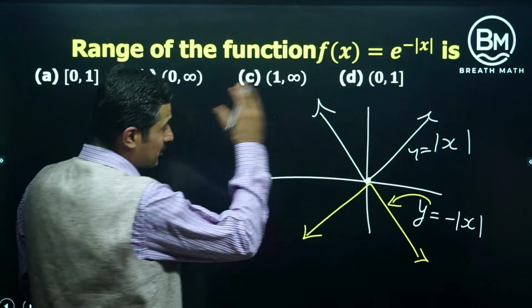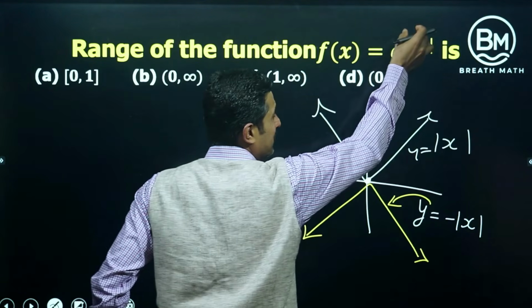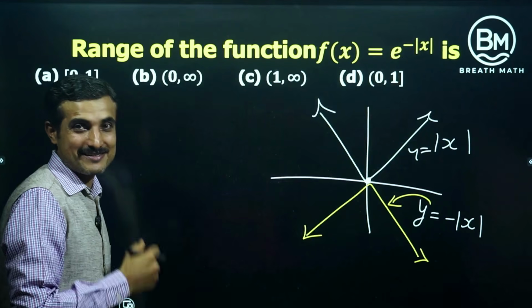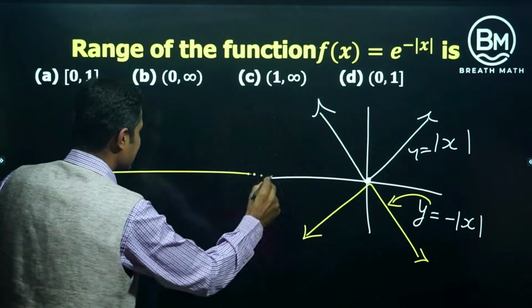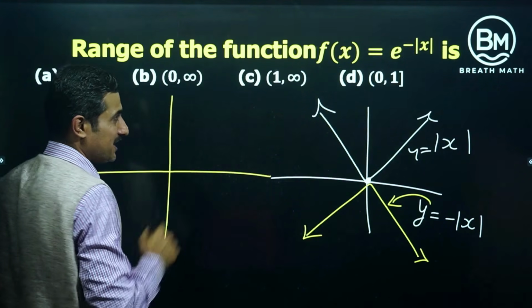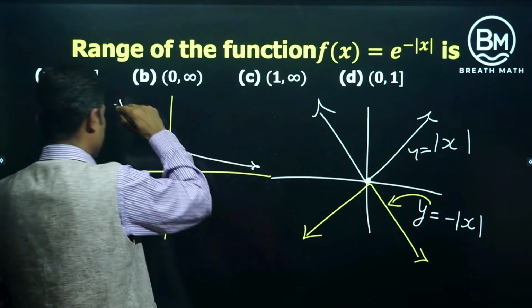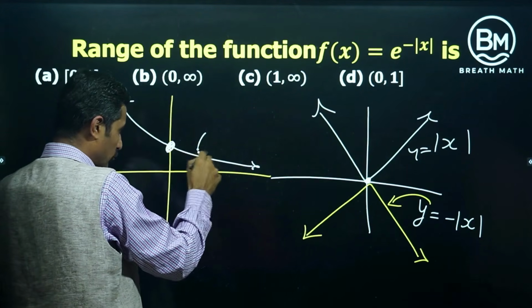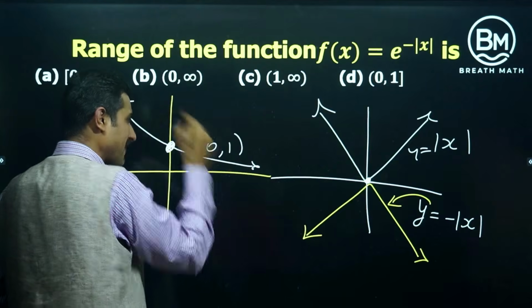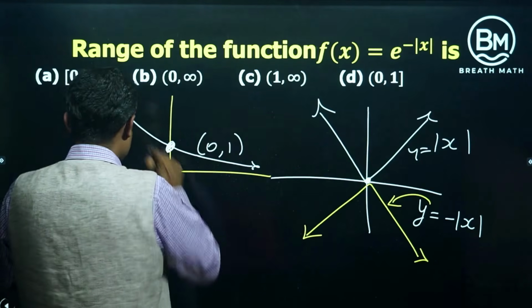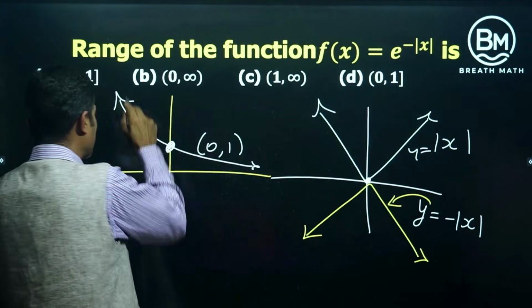Now let us draw the graph of e power minus modulus of x. X-axis, y-axis. E power minus x goes like this. This is e power minus x, passes through the point 0, 1. But you have to cut the graph behind y-axis.